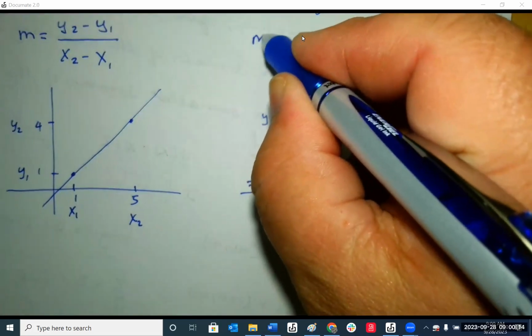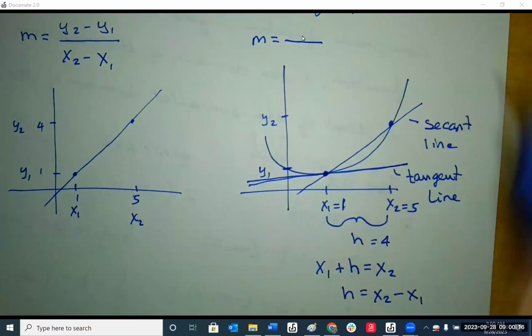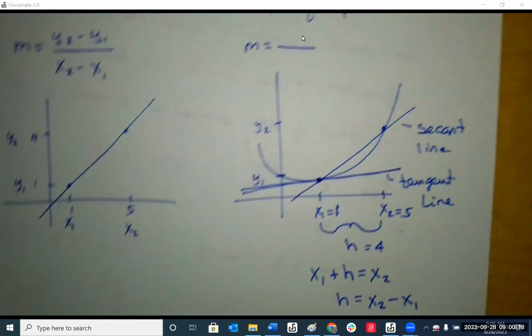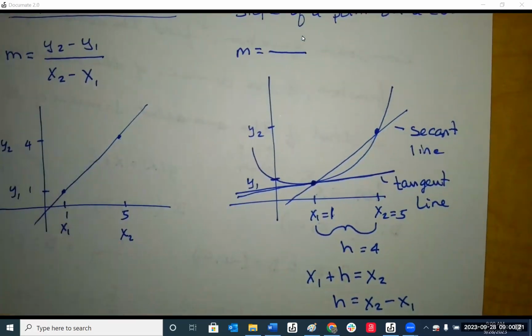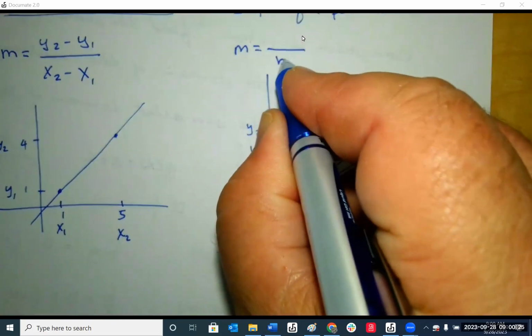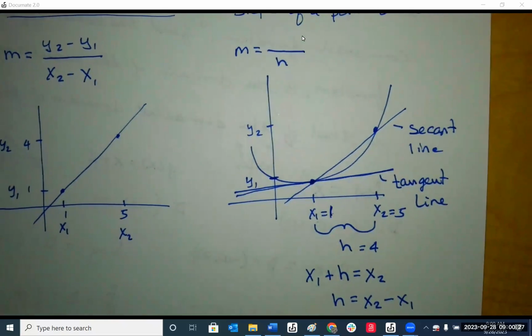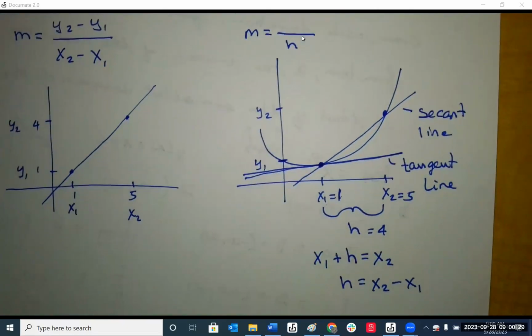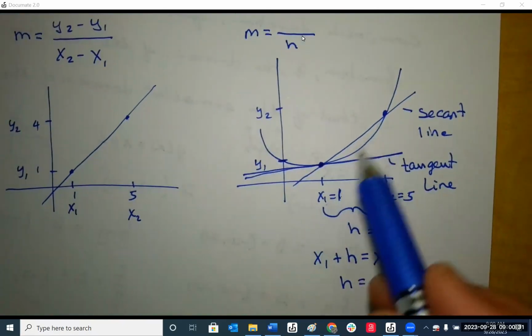In our equation for a slope, do we have x2 minus x1 anywhere? On the bottom. Because remember, we don't want to have 2 separate points.